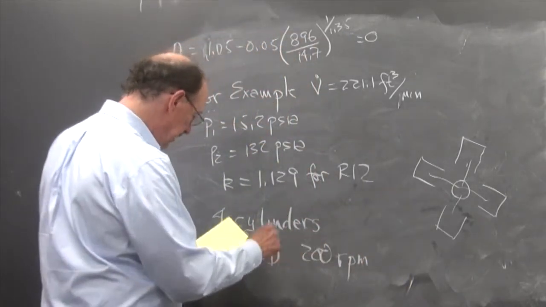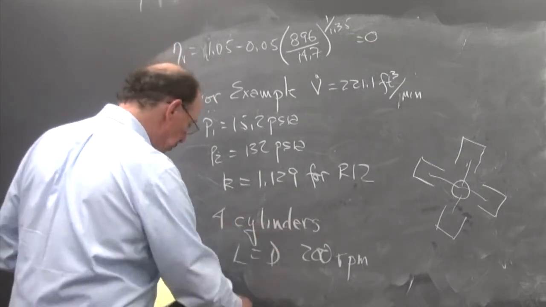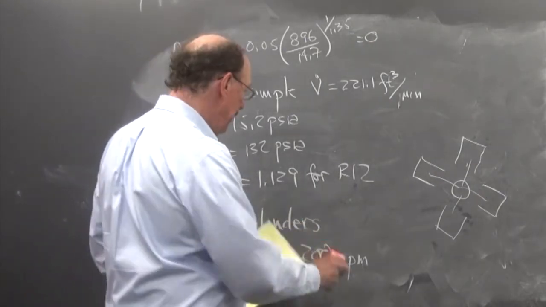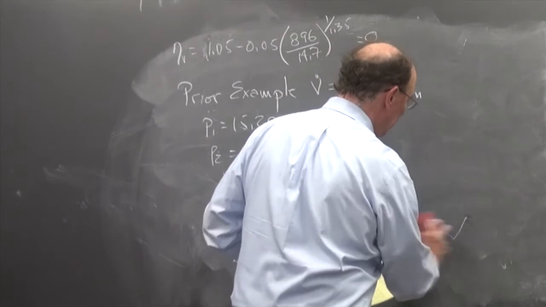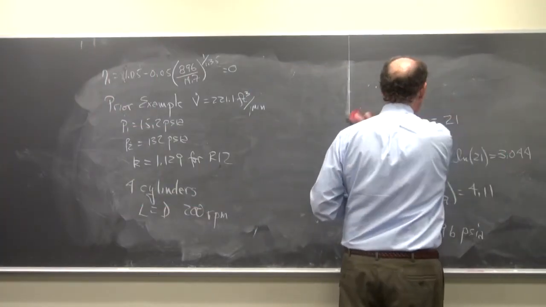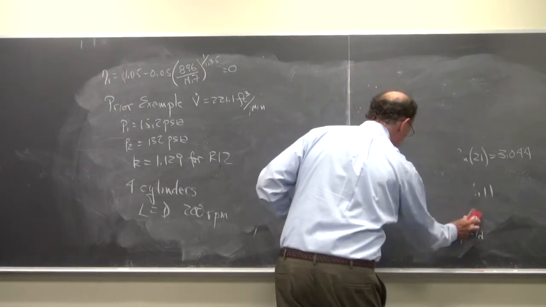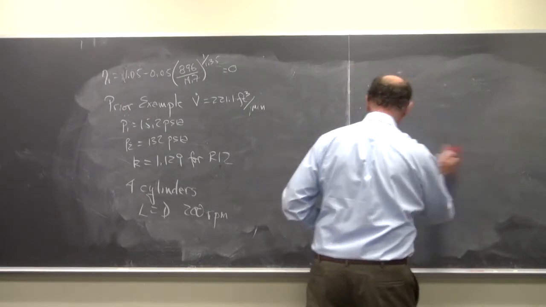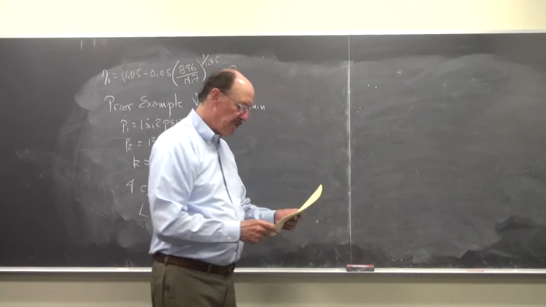But now, back to this problem. So anyway, we have 4 cylinders, 200 RPM, and all that sort of stuff. And we have what K is for this, so we can use the equations that we just developed to see what L over D is. So I want to find that out.